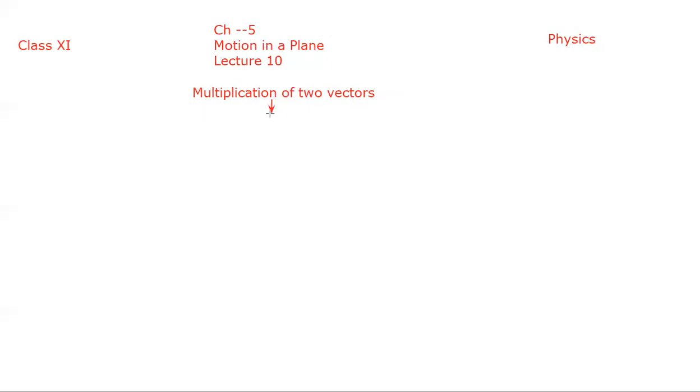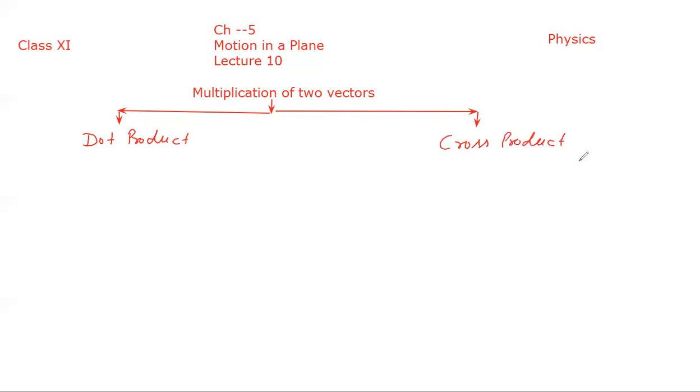So all of you write dot product and cross product. If we multiply two vectors with the help of dot product, then the resultant is always a scalar quantity.